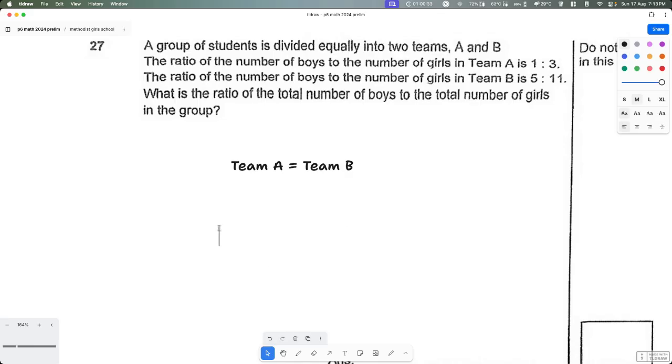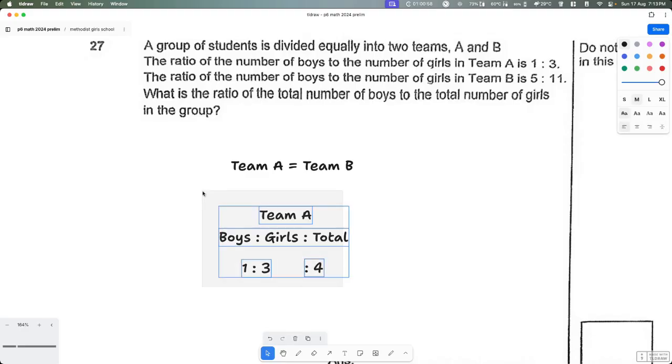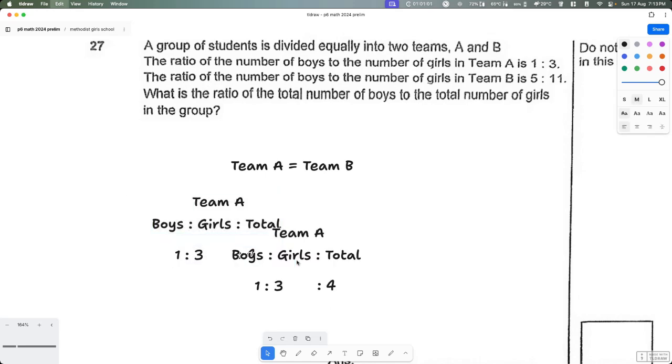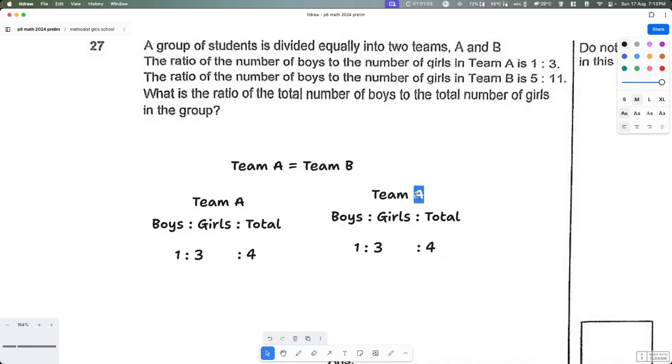So I think this is pretty straightforward. So I will say boys is to girls is to total, right? This is like team A. Okay, so this will be 1 is to 3, and the total is equal to 4, right? Like this. Okay, pretty straightforward, right? And then for team B, this will be 5, this will be 11, and this will be 16, right?